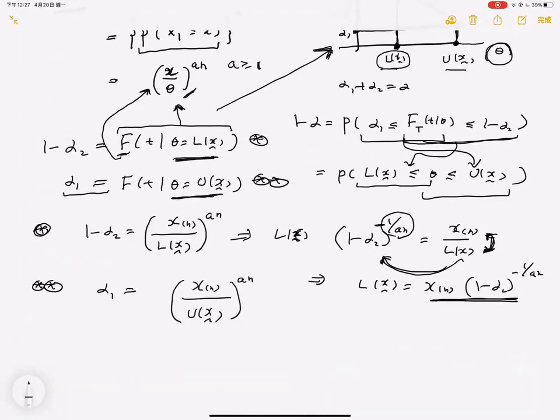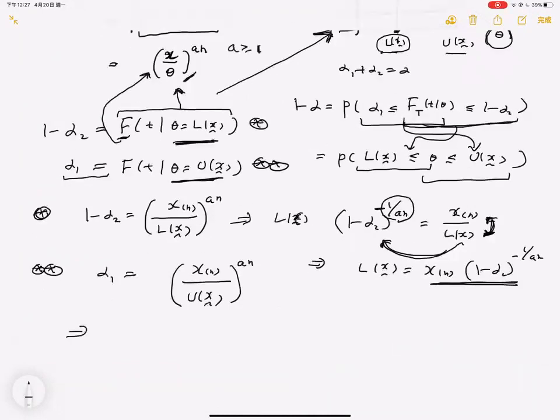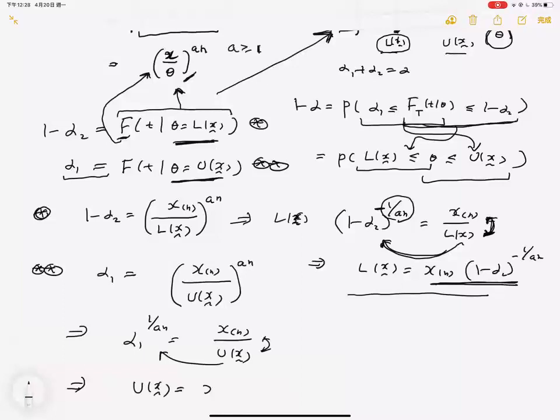Then using that, I can do this 1 over an, the same thing as right here, and then xn divided by U. Then doing the same thing, flipping, then moving to the left-hand side, the upper bound U equals xn times alpha 1 minus 1 over an. So by doing so, you find our upper bound and the lower bound.